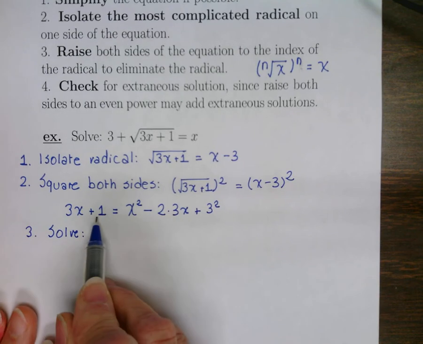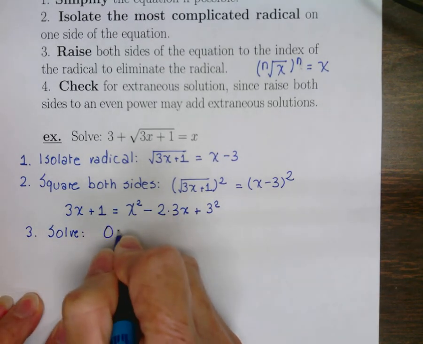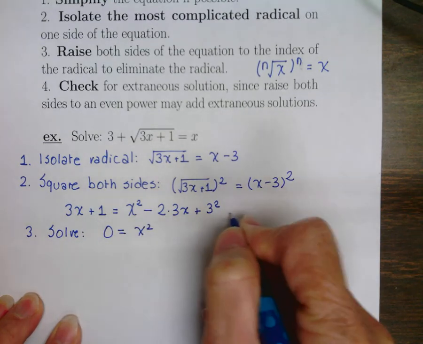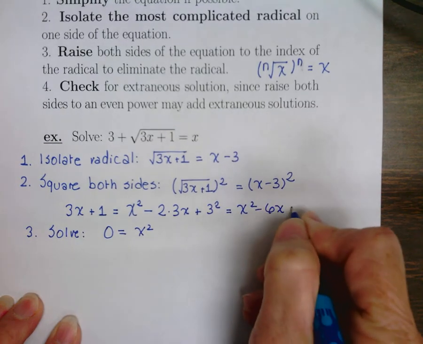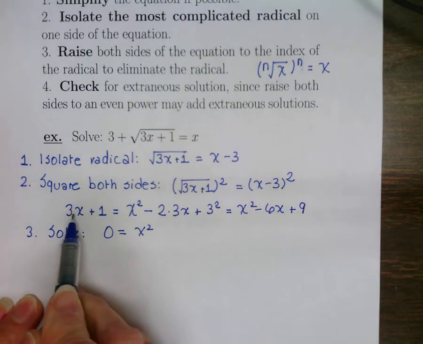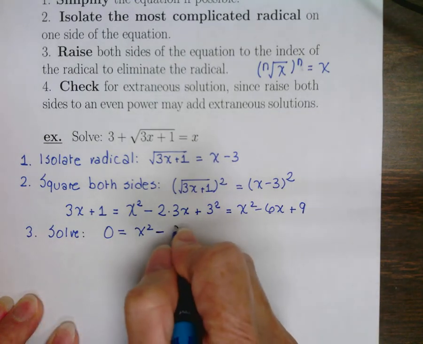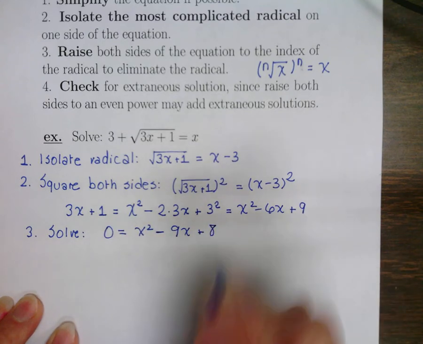I'm going to get 0 on the left side of the equation so that my x squared term remains positive. So 0 equals x squared, and if I go back and just rewrite this, I can see that I'll get x squared minus 9x, and bring the plus 1 over, and I guess plus 8.